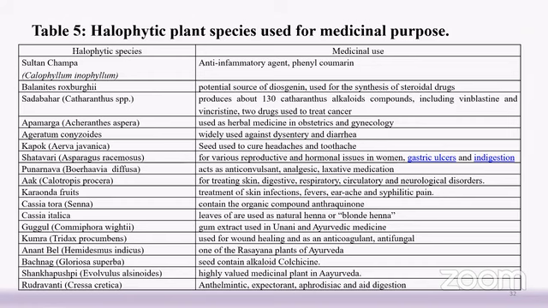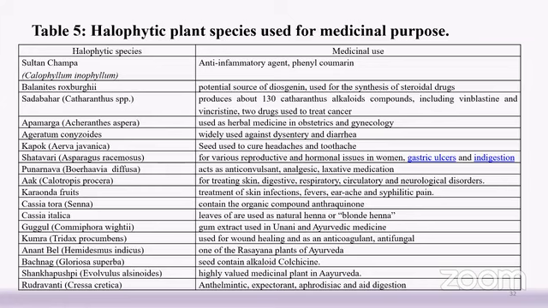Sadabahar, we all know that this produces about 130 alkaloid compounds, including vinblastine and vincristine, two drugs used to treat cancer. Apamarga, used as herbal medicine in obstetrics and gynecology. Ageratum conyzoides, widely used against dysentery and diarrhea. Kapok, seed used to cure headache and toothache. Shatavari, for various reproductive and hormonal issues in women, gastric ulcer and indigestion.